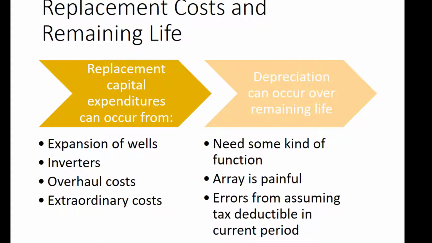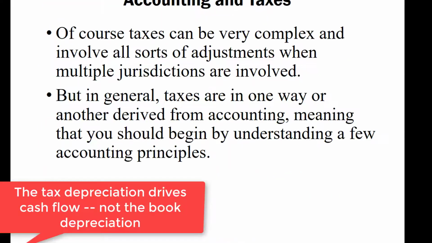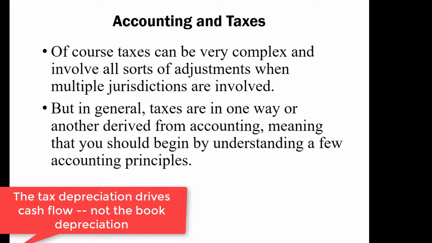If you expand wells, if you put inverters in a solar project, if you have overhaul cost, any kind of extraordinary cost, you have depreciation. Let's say you make all this overhaul cost 5 years from the end of the life of the project. You better not use a depreciation rate of 20 years, and you better find out what the tax depreciation treatment on such an expenditure would be. I don't claim to know all the taxes.